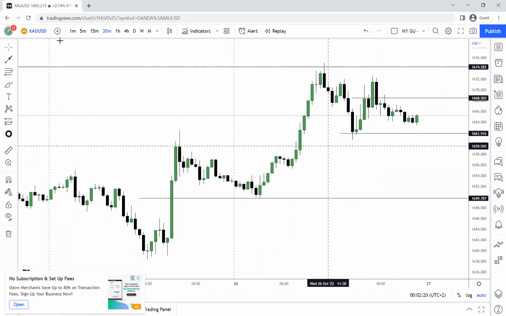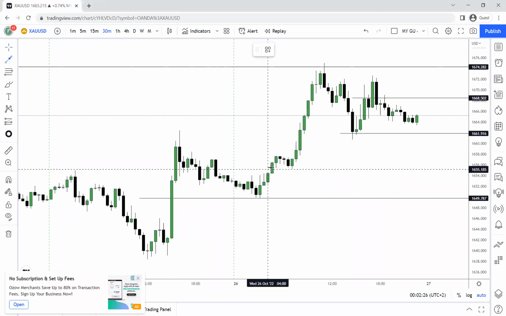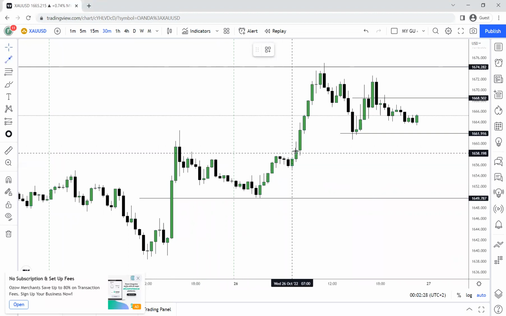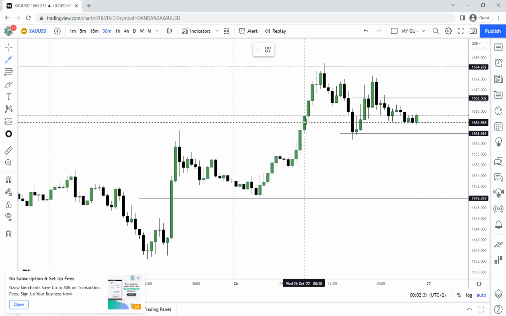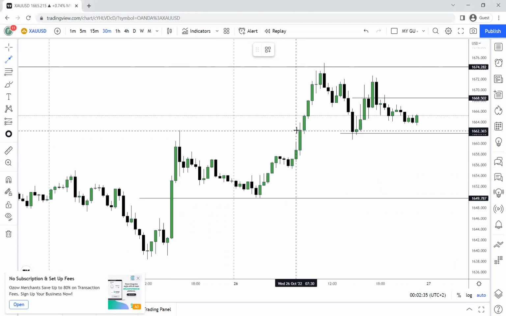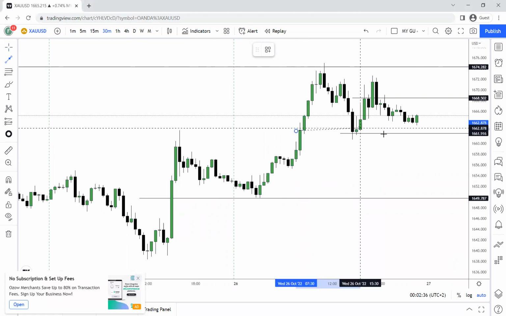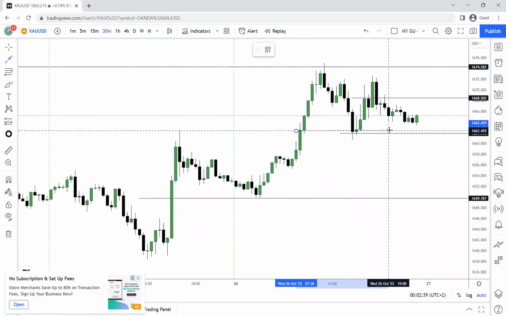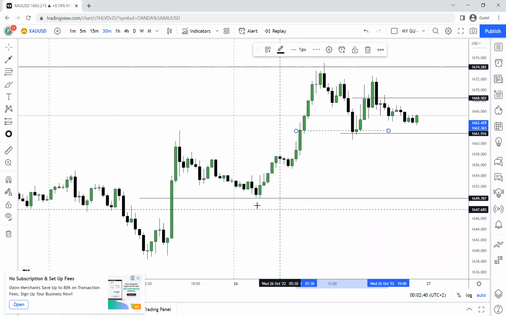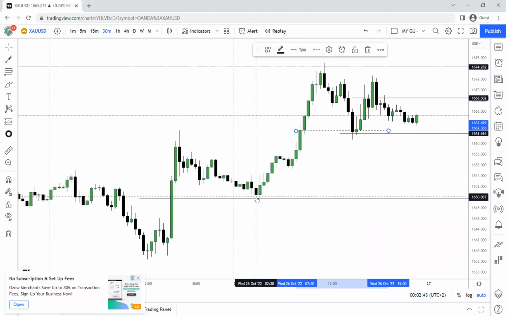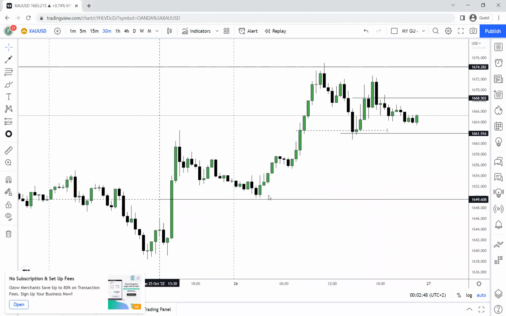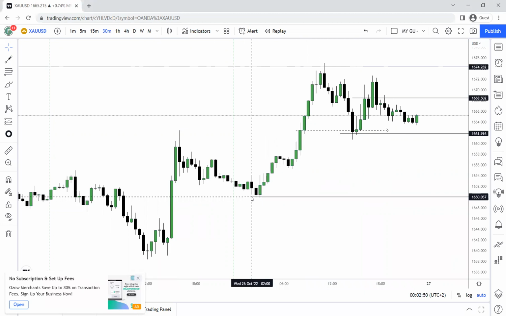So our high would be, let's look for 8 o'clock, 5, 6, 7, 8, 8:30. So this would probably be our high for Asian range, and then our low for Asian range would be this low that we have right here. So this was our low for Asian range, all right?